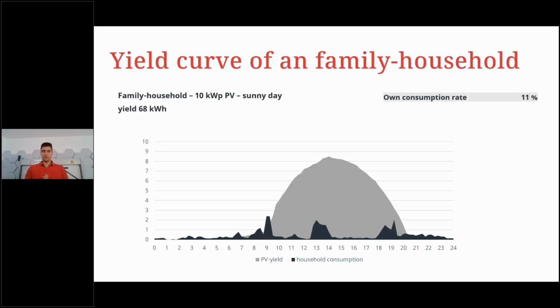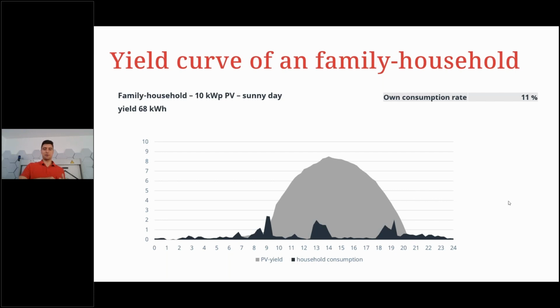And I will do this by showing you an example. Imagine a family household, and this family household has a perfectly working PV system on the roof. You can see here the gray area is the PV yield, and it's very typical.